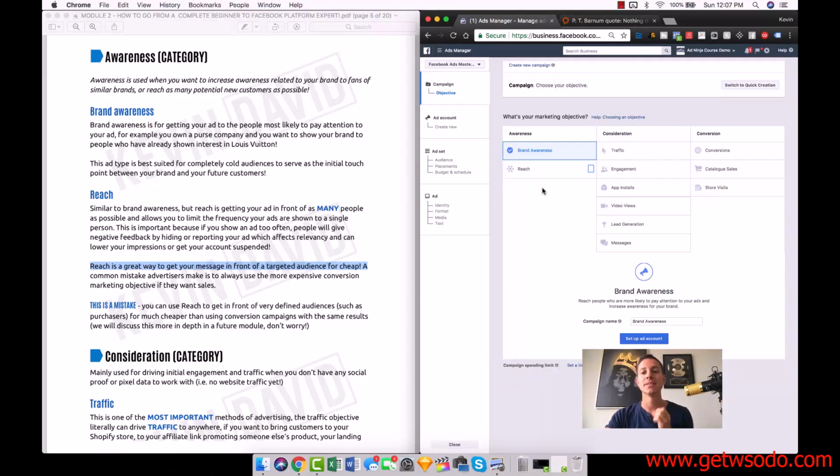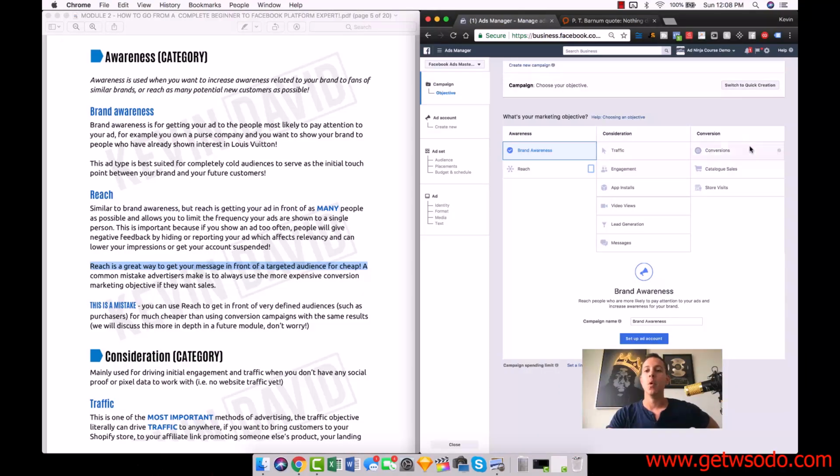So a lot of people would make a mistake here and they'd say, I'm just going to run a conversion campaign for my purchasers, right? Instead of doing that, actually, because the conversion marketing objective, Facebook knows that they can charge more for that, right? Because they're showing your ad only to people who are likely to convert. But in this specific case, if you're marketing to people who've already purchased from you, you know that they're likely to convert because they've already converted, right?